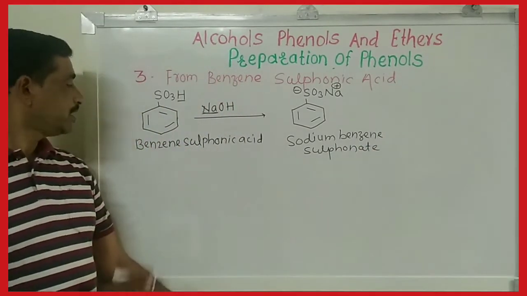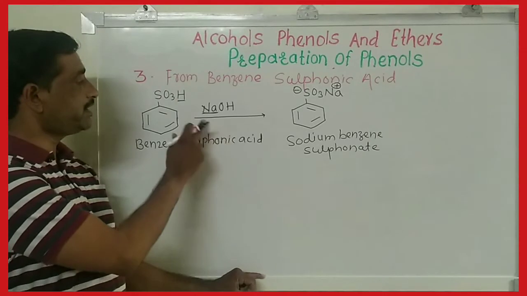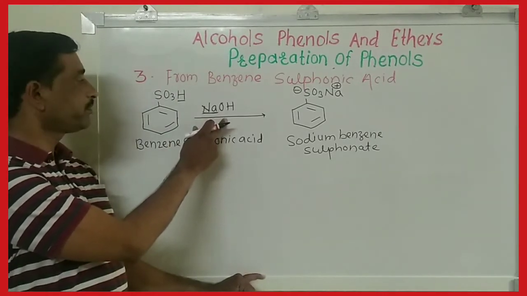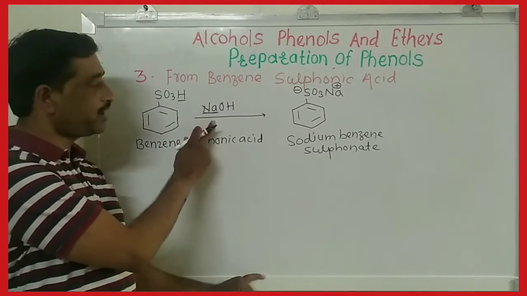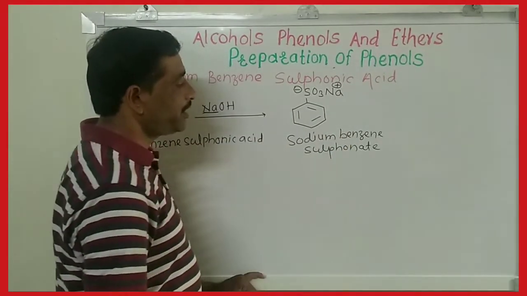We get the intermediate compound from benzene sulfonic acid and sodium hydroxide by replacing the hydrogen atom of the SO3H group by a sodium atom.